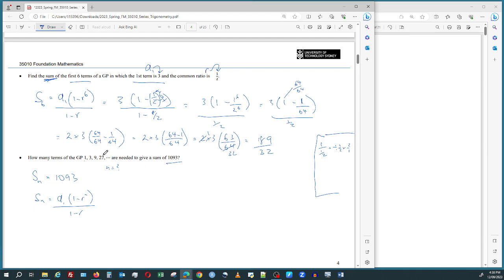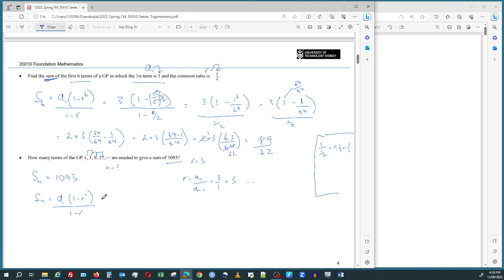So 27 over 9, 9 over 3, 3 over 1. So it's quite evident that r is equal to 3. You can do your ratio check. So r is equal to an divided by the previous term. So 3 divided by 1 is 3.